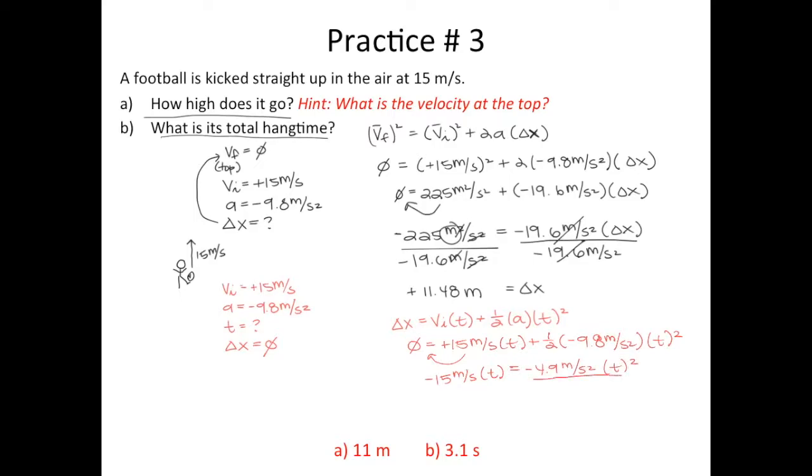We divided both sides by t in order to eliminate one of them. So that t cancels, and then we have a t left over. So we have negative 15 meters per second equals negative 4.9 meters per second squared times t. In order to isolate t, I'm going to divide both sides by negative 4.9 meters per second squared.